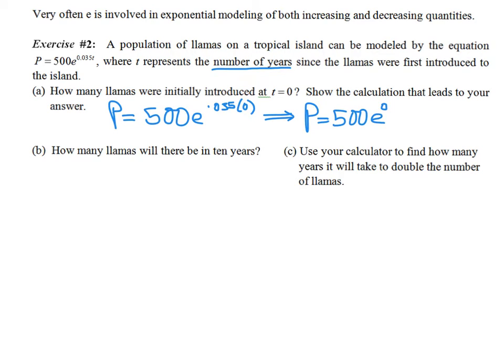Now, just like all other bases, like 2 or 3 or 10 for our exponential functions, anytime we're raising a base to a zero exponent, that part of my answer is 1. So that tells me that I really have 500 times 1, which of course means that my population at the beginning is 500 llamas.